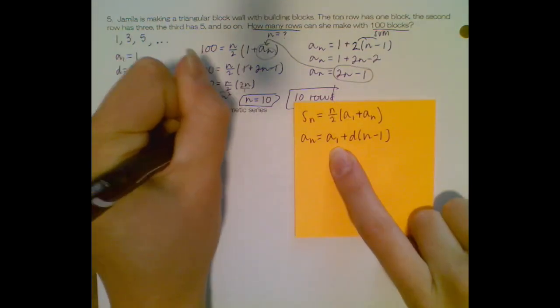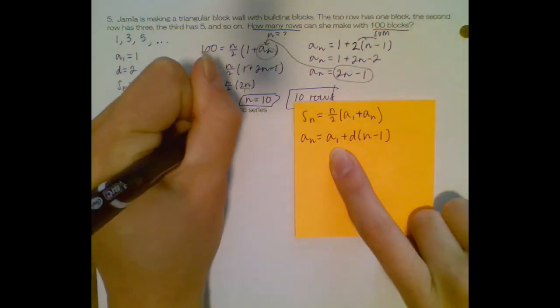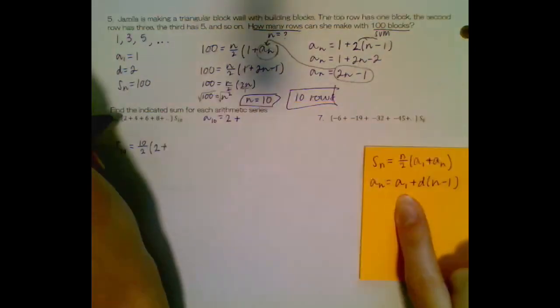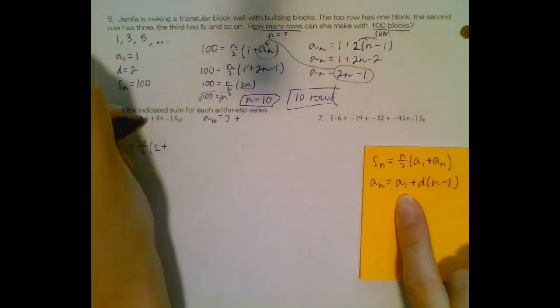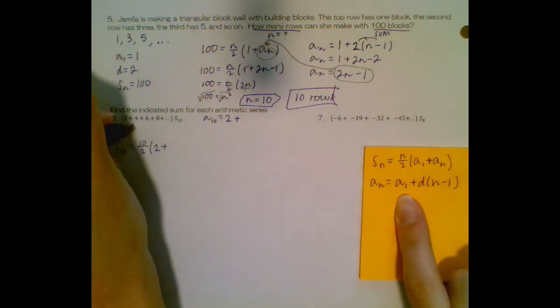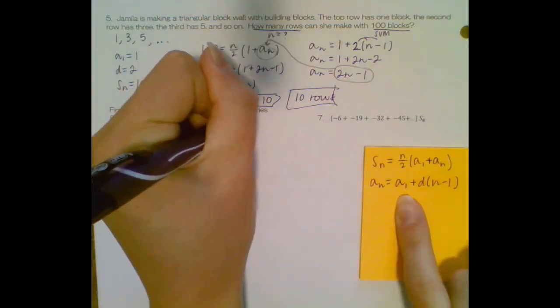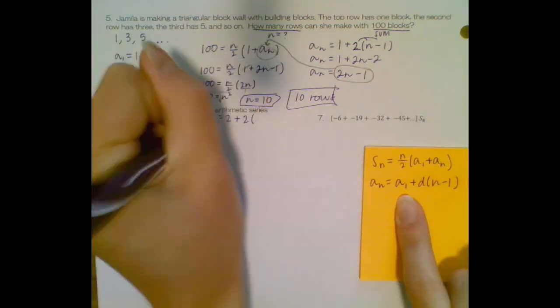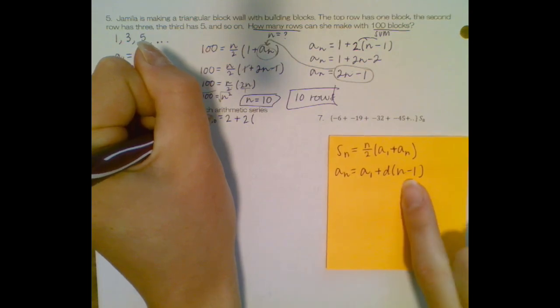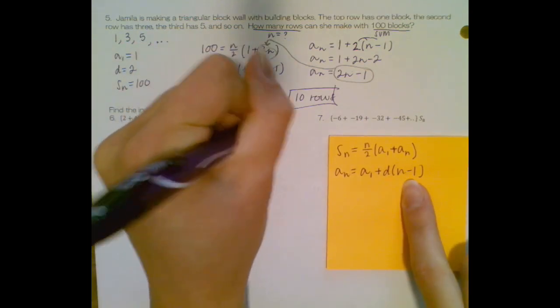So the 10th term is going to be a sub 1, which is 2, plus our common difference. To get from 2 to 4, 4 to 6, 6 to 8, it looks like d is going to equal 2, like we're adding 2 each time. So I'm going to plug in a 2 right there. n is 10, and then minus 1.